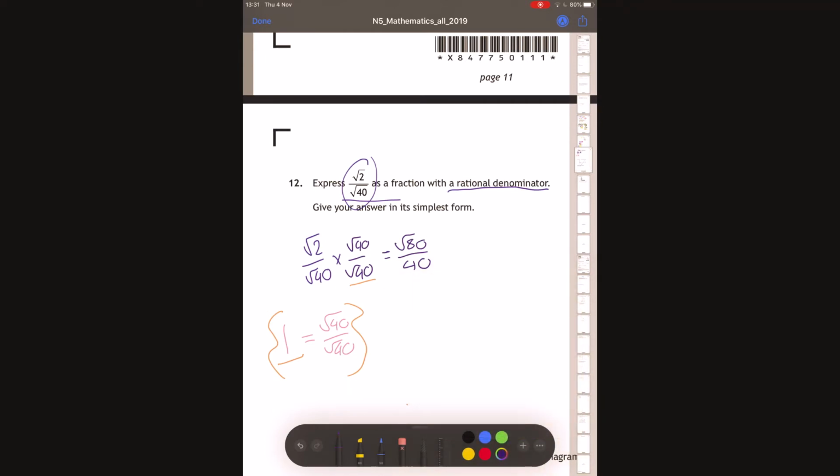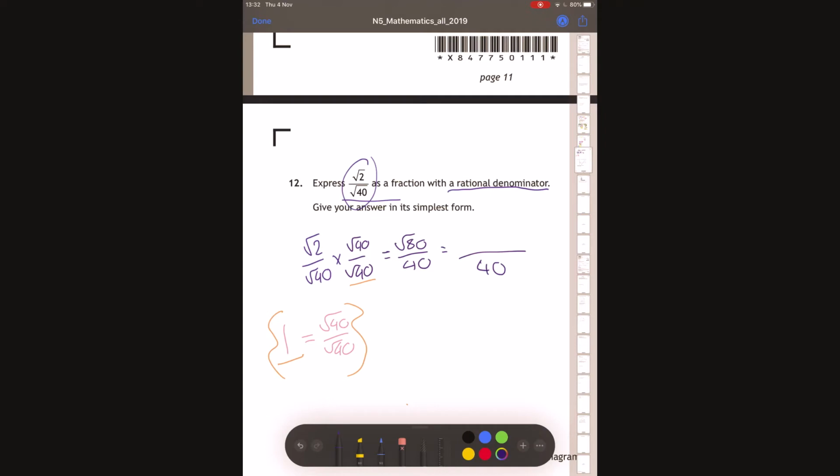Now the next step is just to simplify this. So to simplify this, what to do? Well, I would see what would go into root 80. The bottom is absolutely fine as it is just now, so keep that the same. So, root 80.